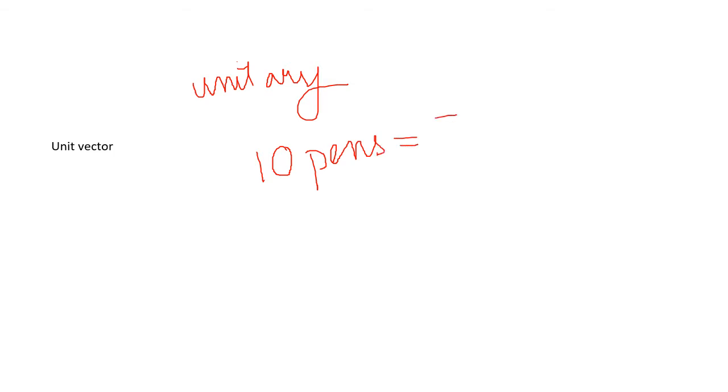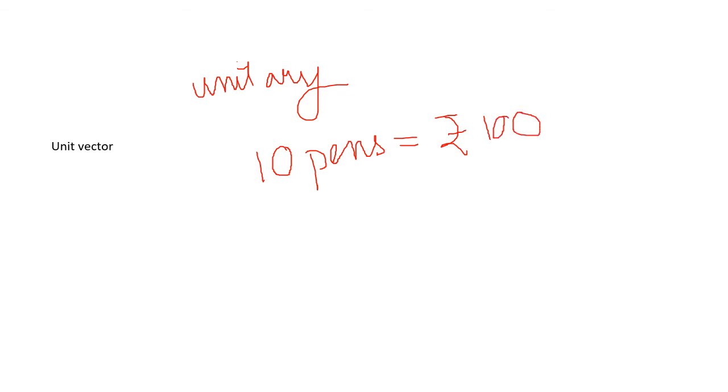So moving on to our next topic, unit vectors. Fine. I'm pretty sure you must be familiar with this term. Your unitary method. Fine. Now what happens in a unitary method? Let's take an example. Suppose you bought 10 pens and the price of these 10 pens, let us say, is 100 rupees.